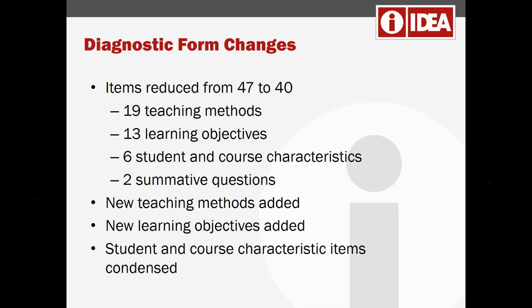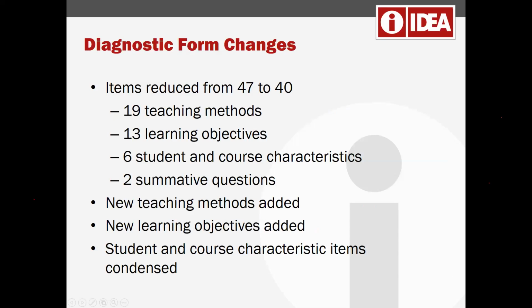So we're actually able to take some of the items out. So we've reduced the survey burden on students from 47 to 40 items in the full diagnostic form. We've added some teaching methods, learning objectives, made some changes. What I'll do following the session today is send along a brief overview of those changes for anybody that's interested in what those changes are specifically.